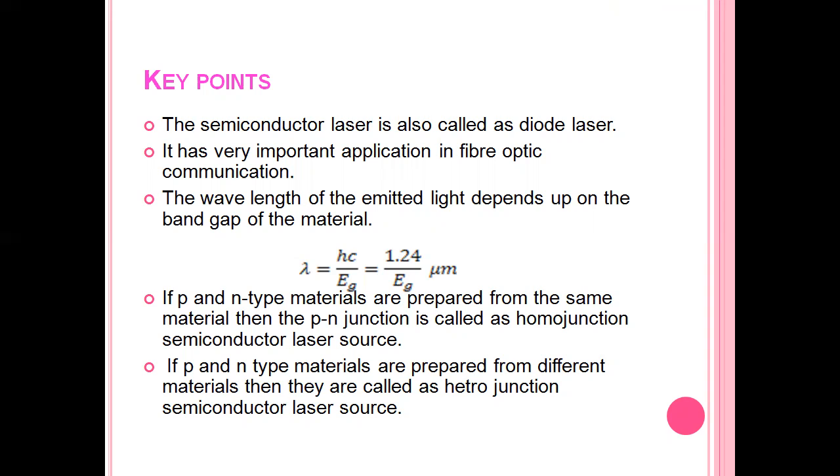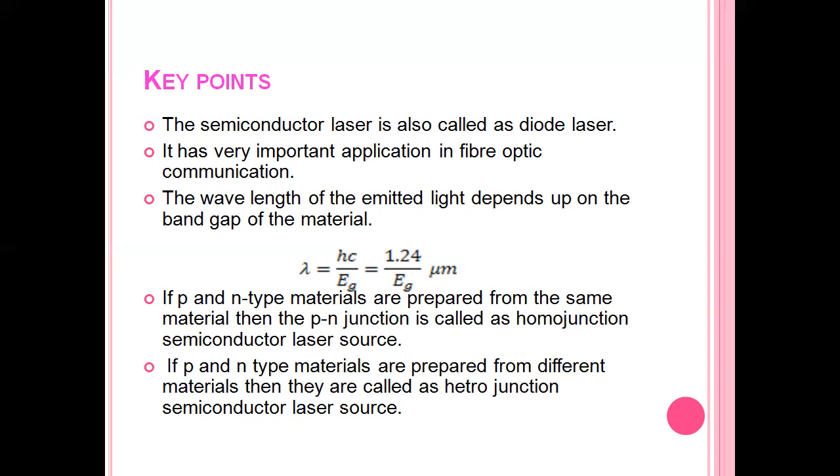If a PN junction is made of materials belonging to the same element, that is, for both P and N type the same material is taken and doped with trivalent and pentavalent elements, then the junction formed is called a homojunction. A laser diode made of such a junction is called a homojunction semiconductor laser.